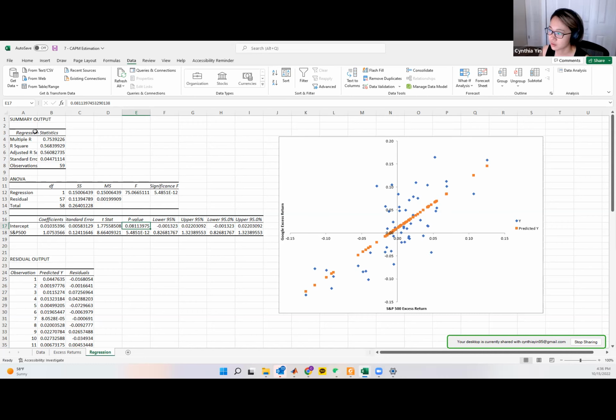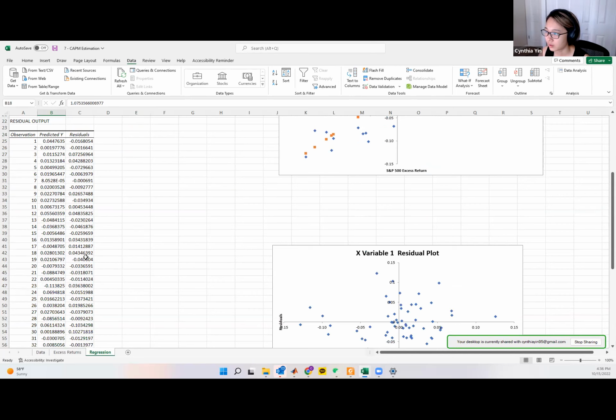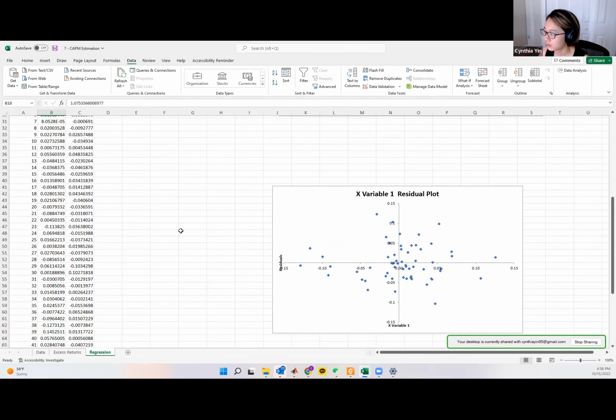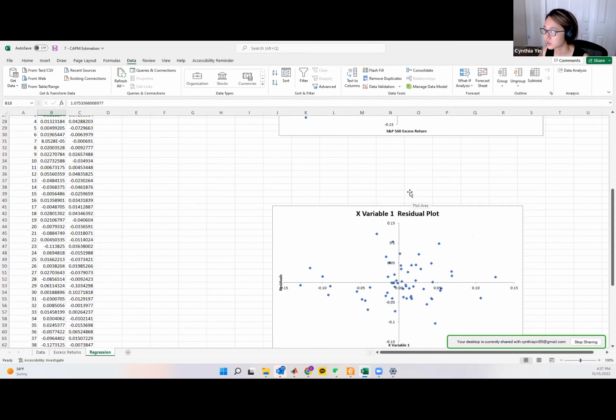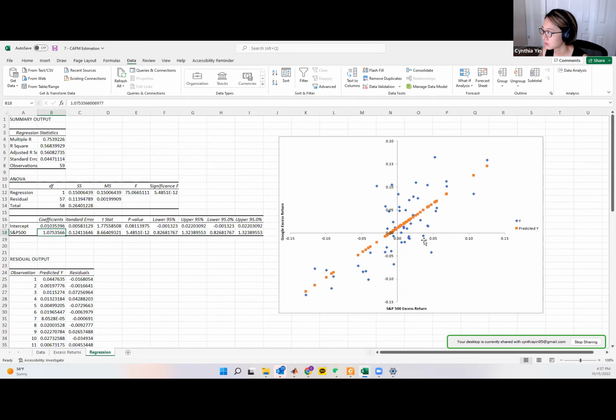Then let's look at the results here. The beta is 1.07, 1.08, nearby 1. Here it plots the residual. What is the residual? It's just the e in our slide, the error term. In this plot, it's the blue dot minus the orange line.